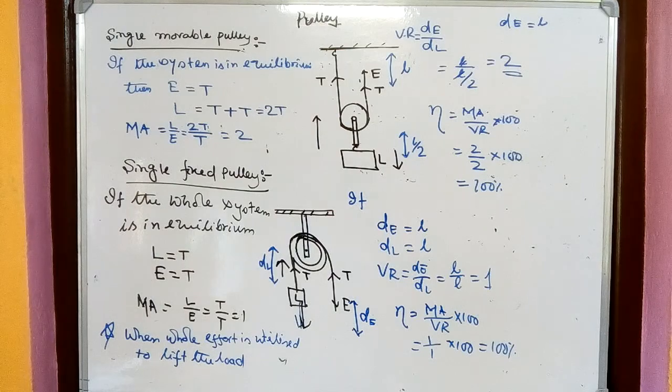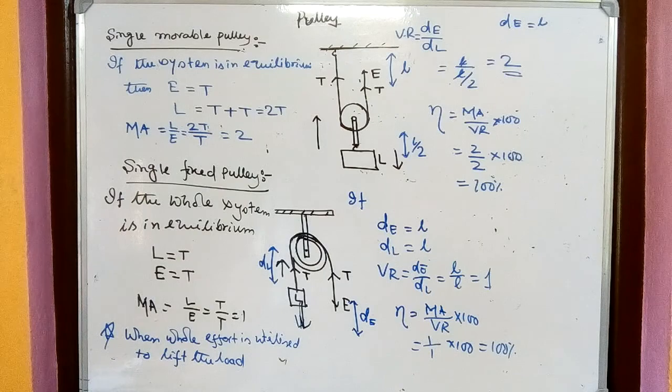Generally it is not possible, because of the energy we have utilized, much energy is lost due to friction, so mechanical advantage will always be less than the velocity ratio. Mechanical advantage should always be less than 2.